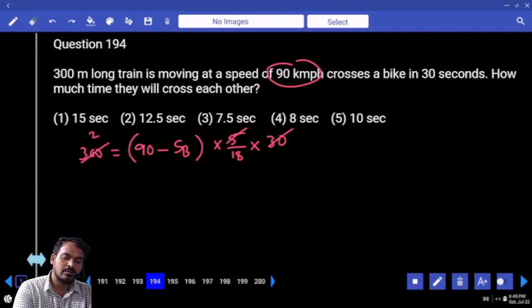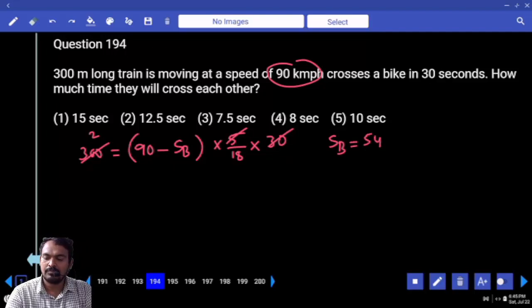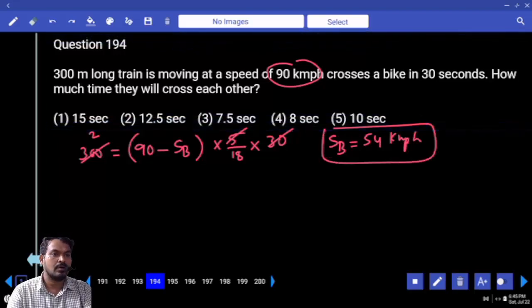How many times here? 2 times, sir. Then 90 minus SB equals how much? 36. SB equals 54, that is 54 kilometers per hour. Because the entire bracket value we converted to meters per second, SB is also in kilometers per hour.